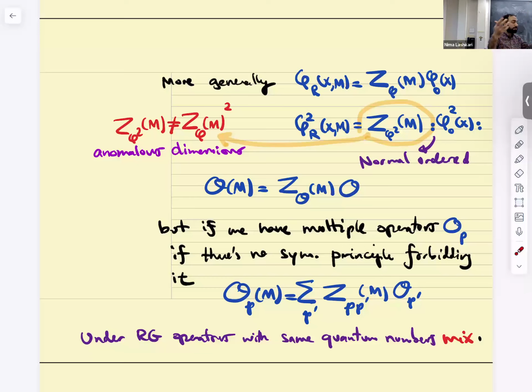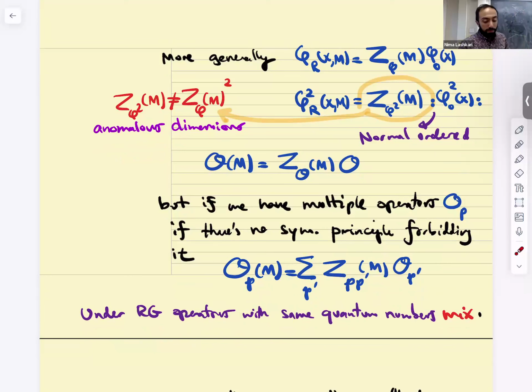That seems sensible. Now, when you renormalize, is it true that the scaling dimensions are just like this? Are they going to add up? And the answer is no. They are almost going to add up, but there will be corrections to it that we're going to call anomalous dimensions. Good? All right, so I'm first going to present the grand picture, and then I'm going to give you an example with phi squared.